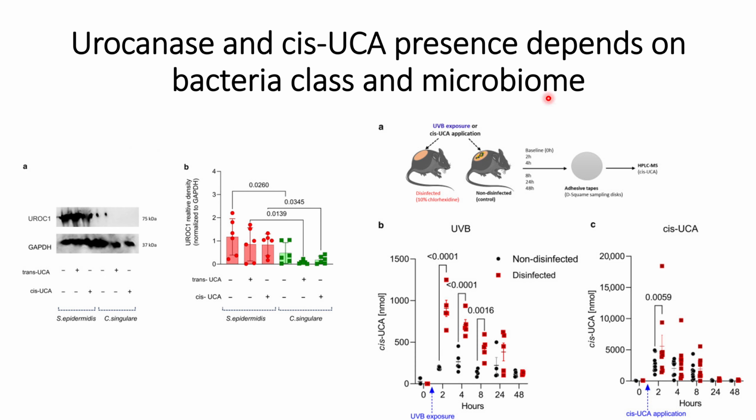When it compares to the microbiome, for the UVP exposure, it shows a significant difference. That is, for the disinfectant, it shows high cis-UCA levels compared to the non-disinfectant. But for the cis-UCA, they see these significant changes only at 2 hours after treatment with cis-UCA and UVP exposure.